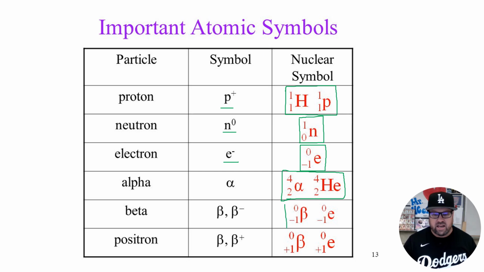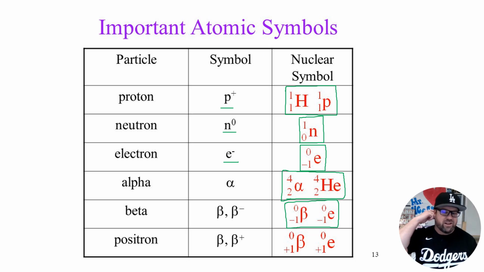Beta is a high-speed electron that's usually being ejected from a nuclei. And the symbol for beta is 0, -1 with the Greek letter beta, or 0, -1e, the same as an electron. Now, a positron's kind of weird, and we'll talk about this later in class and later video section. But a positron is actually the same mass and similar properties as an electron, but its charge got inverted from negative to positive.